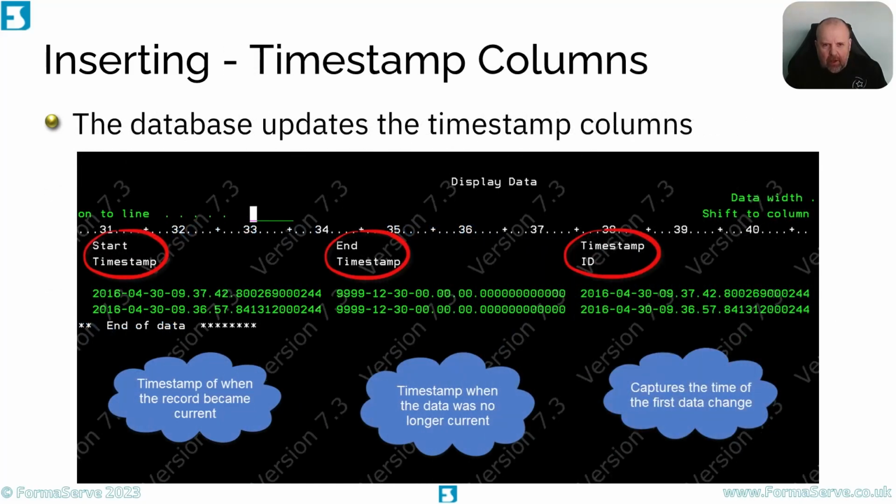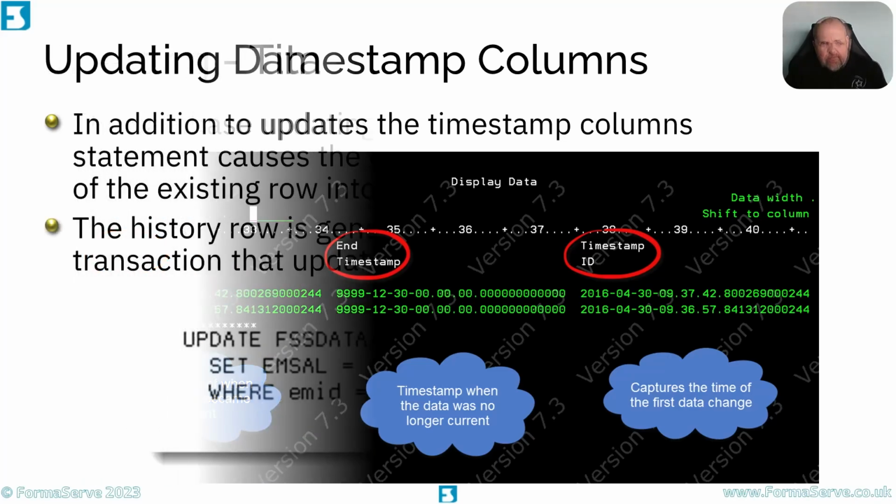Here we can see a quick DSPPFM, and we see the three columns that the database manager has actually inserted into these columns. The start timestamp, the end timestamp, and the timestamp ID. So the first one, timestamp of when the record became current, timestamp of when it dies at the end of it, and the transaction ID, which is always the time of the first data change.